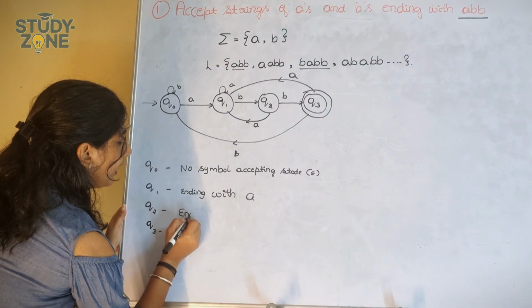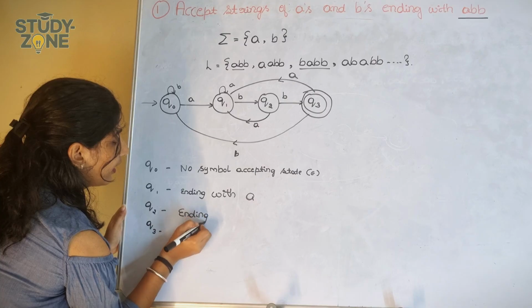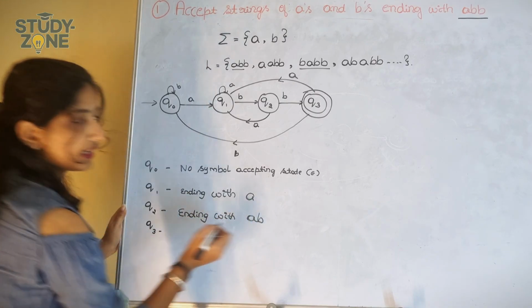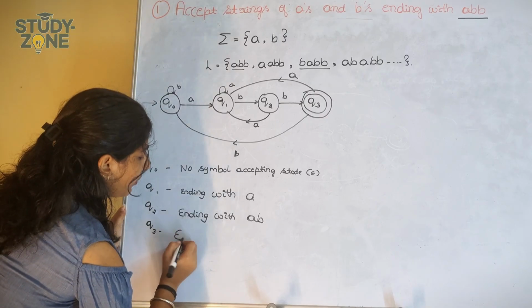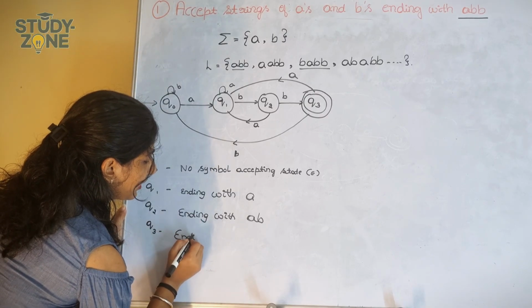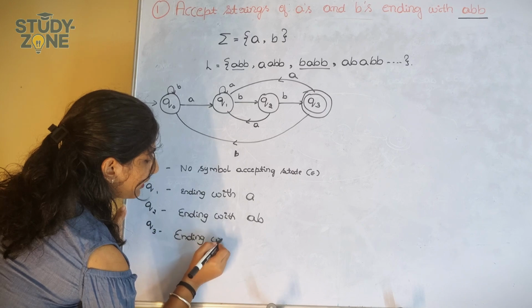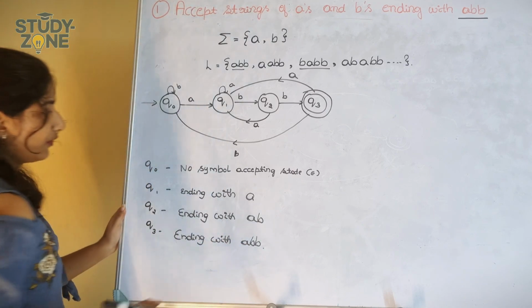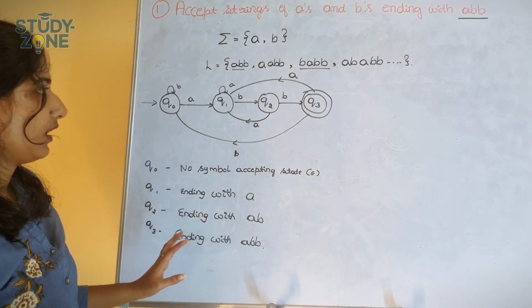And then we have ending with A, B, correct? And then we have ending with A, B, B. First we have to write it like this, okay?